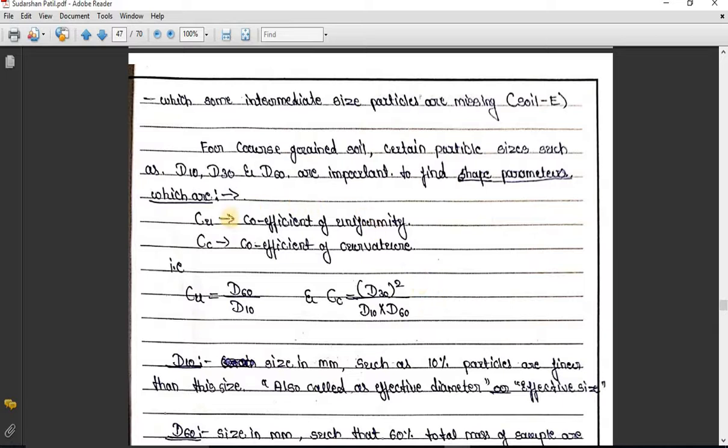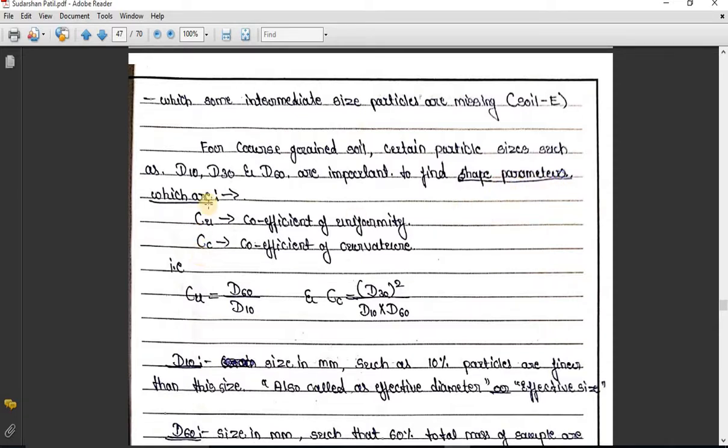For the classification of soil, we need shape parameters. So these D10, D30 and D60 are used in finding out the shape parameters.